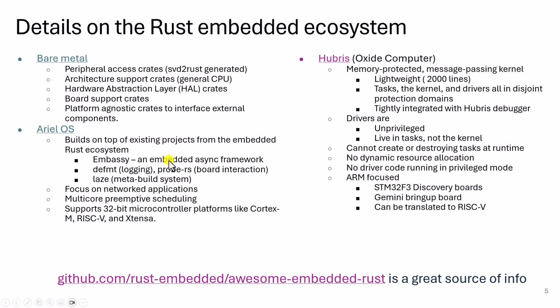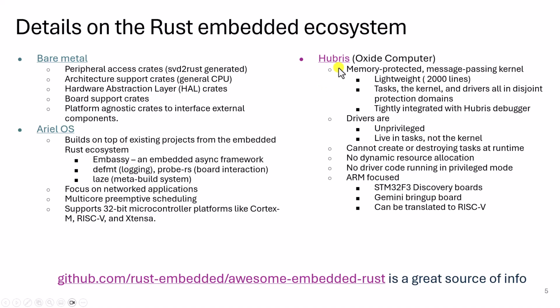Particularly, it's using an async framework, Embassy, kind of core to it, which is a nice framework because a lot of embedded systems tend to be I/O constrained as opposed to CPU constrained. So having this as a framework is nice. It focuses a lot on networked applications, and it deals with multi-core, which is pretty cool. So this is one operating system to look at.